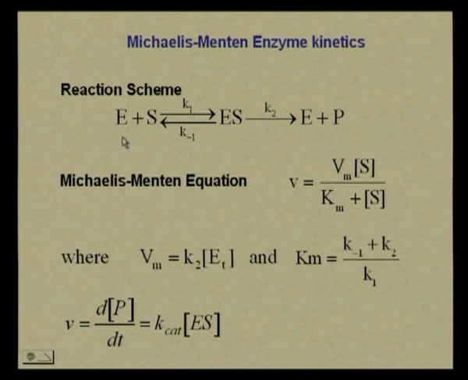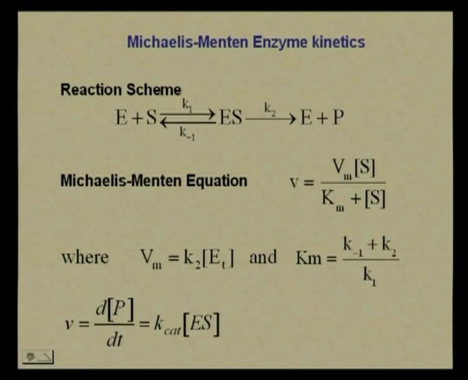Okay, so this reaction can have a limiting value for the velocity of the reaction, which is given by the K2, which we will see is also called the Kcat, the catalytic kinetic rate constant, and the total enzyme concentration, because the velocity cannot increase beyond this value, because the amount of enzyme is limited.